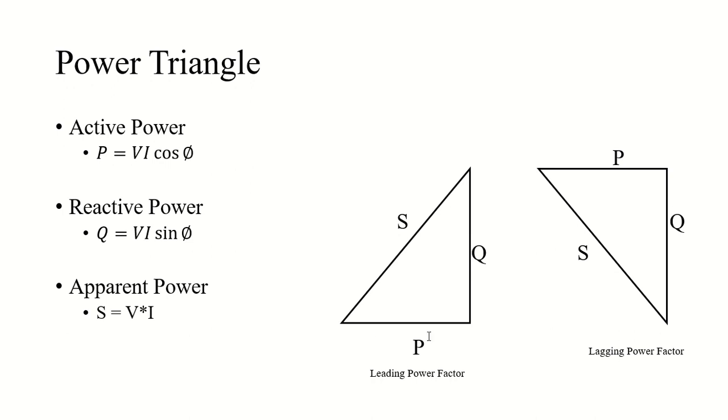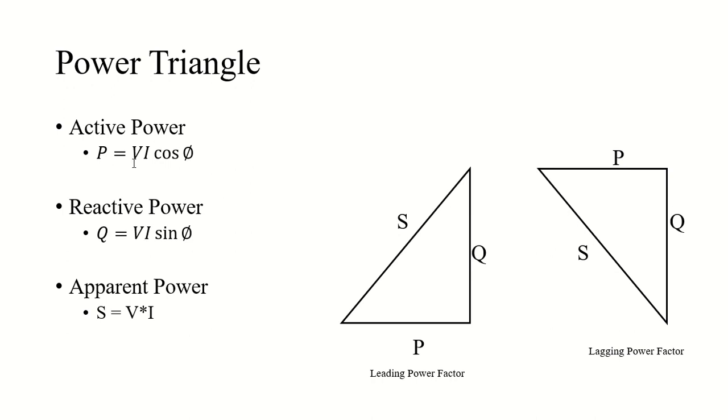Here you can see in this image, on the left it is drawn for the leading power factor condition, and on the right for the lagging power factor condition. There is not much difference in both of them, they are just rotated after converting into a mirror image. What is the formula for active power?